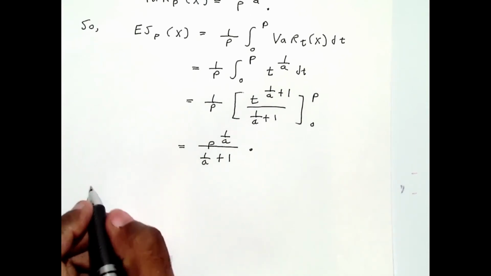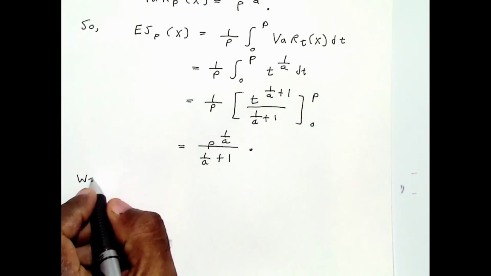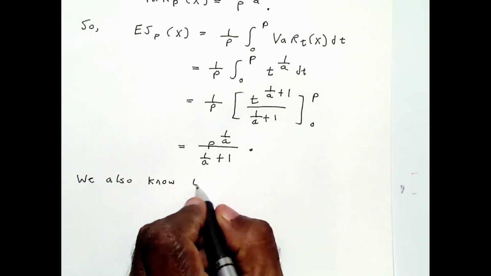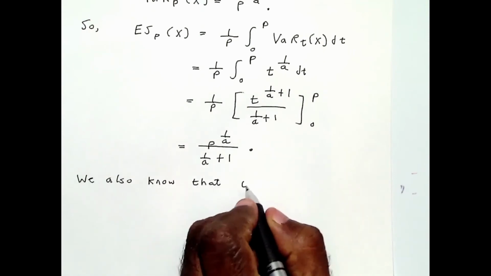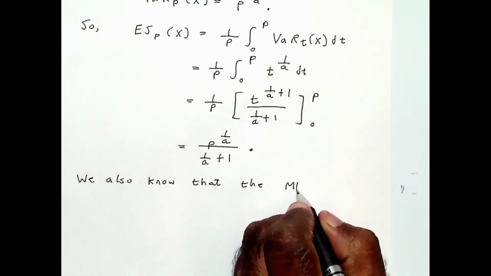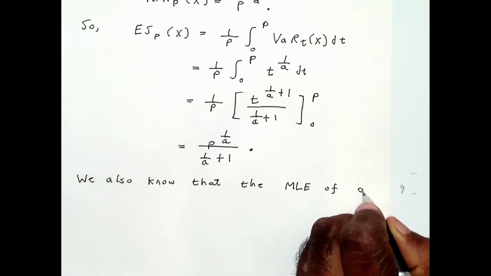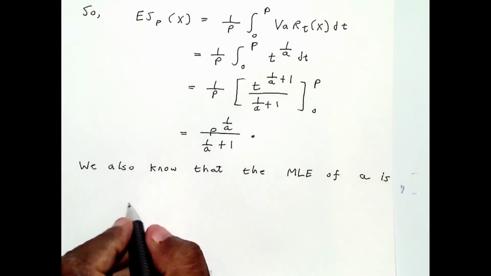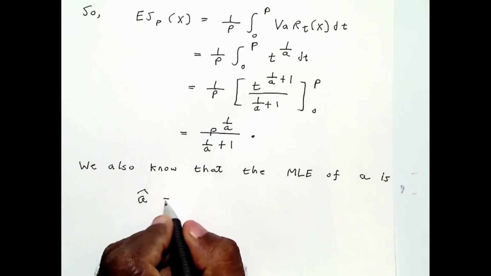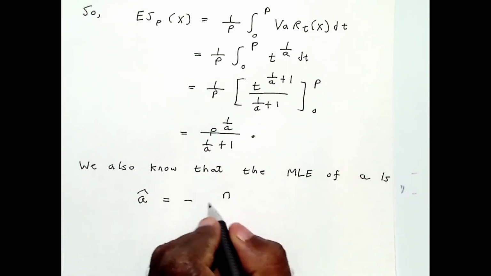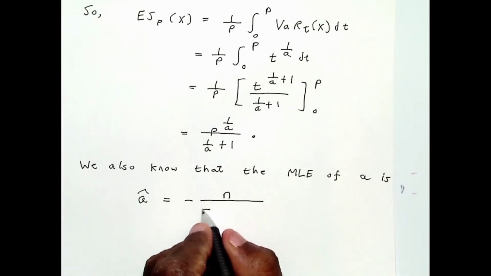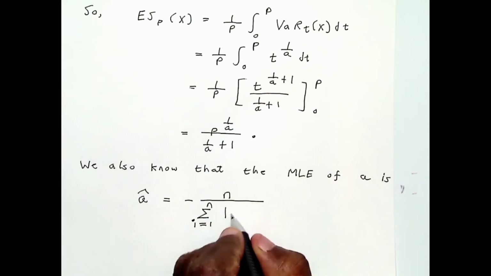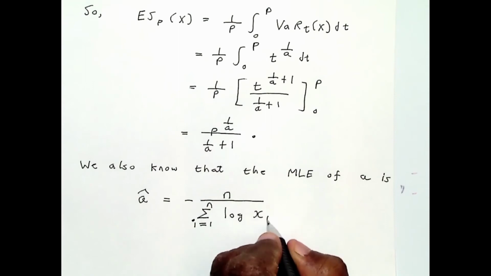Right? Now, we also know that the MLE of A is given by this. So once again, if you look at the video for parametric estimation of VAR, you will see that I derived this.